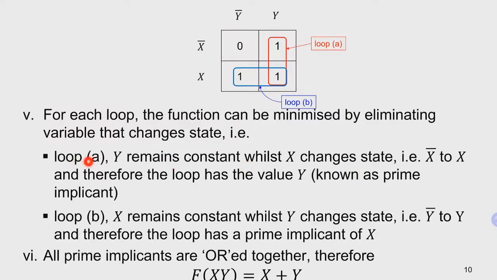So how do we minimize the functions? In this case, if we look at loop A, all the variables involved in my loop A are y, and then x bar and x. So in this loop you can see that the variable x changes from x bar to x.